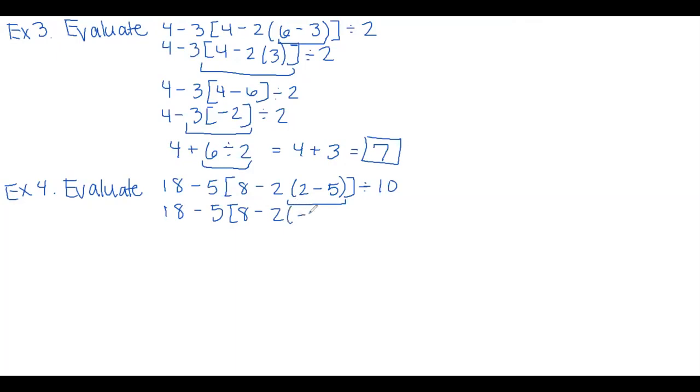So 2 minus 5 is negative 3. We're going to close the bracket and keep our divide by 10. Now we need to look inside of our bracket. So we first look here: negative 2 times negative 3, or you're subtracting 2 times negative 3. Whatever way you look at it helps you get the correct answer.